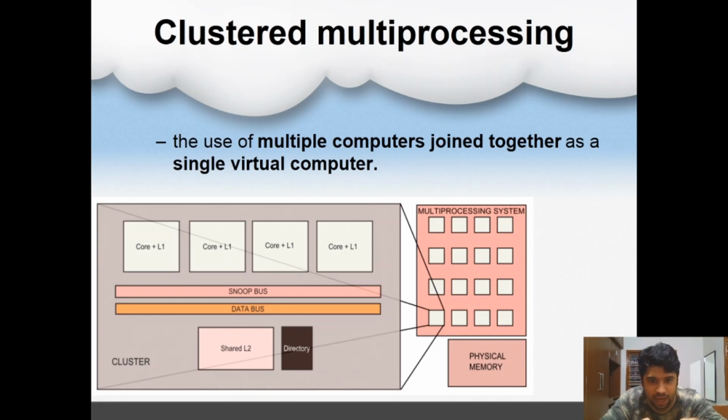This is the entire computer system, where one single system is called one cluster. Every cluster will have multiple cores, level 1 memory, level 2 shared memory, and a data bus. So the use of multiple computers joined together as a single virtual computer is called clustered multiprocessing, and it will have a common physical memory.